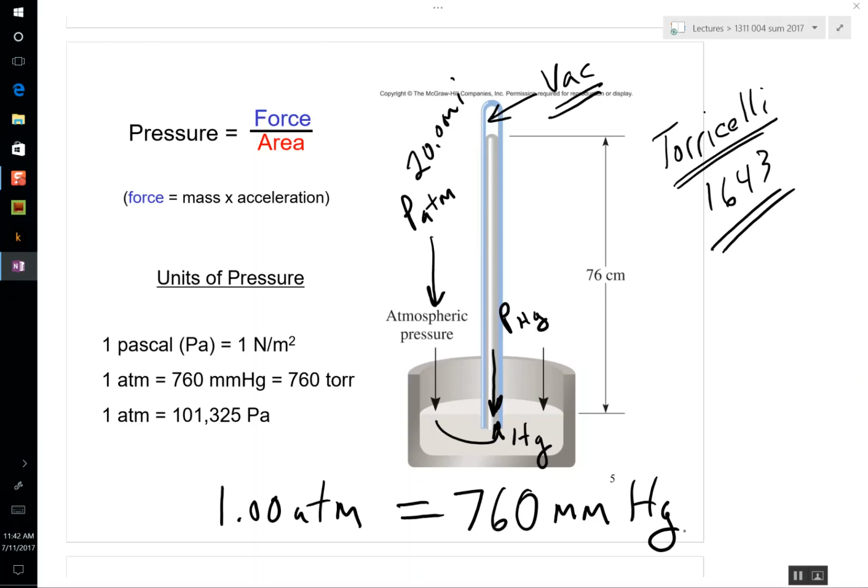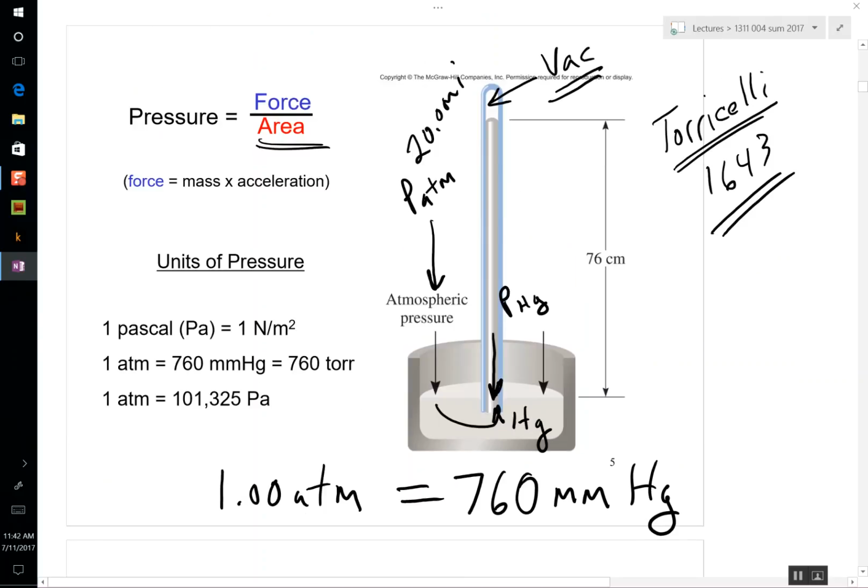If we were to compare the density of the mercury to the density of the air, we would find we're talking about the same weight of mercury to the same weight of air per unit area, force per unit area. So it ends up with this kind of odd comparison of atmospheric pressure to a certain column of mercury.